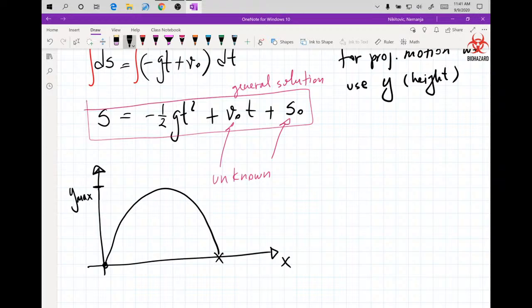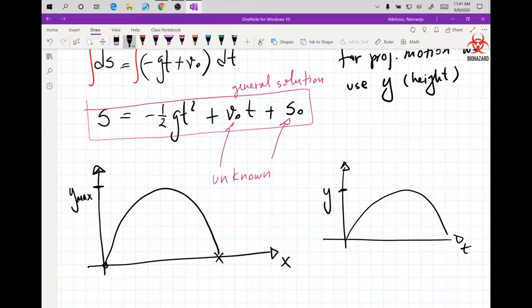And it also happens in time. So I can have another graph that goes like this, and that's time, and that's also y for the height. This is a y max. And you throw from here, and it lands there.